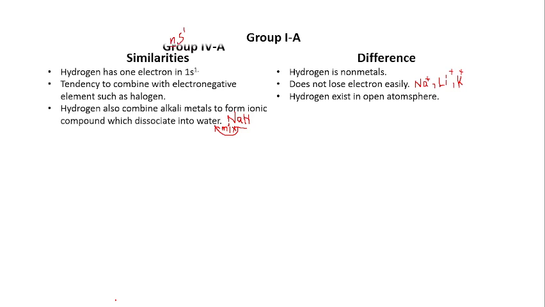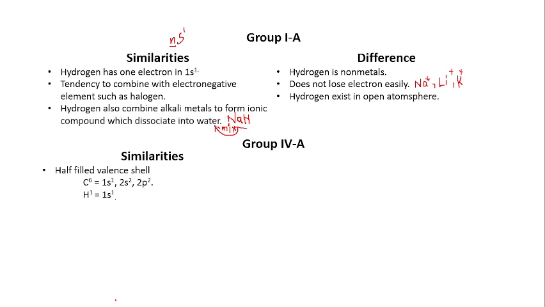Let's see the second one, group number 4A. First we discuss the similarities of hydrogen with group number 4A elements. The first similarity is that they have half-filled valence shells. Let's see the first member of group 4A, carbon.